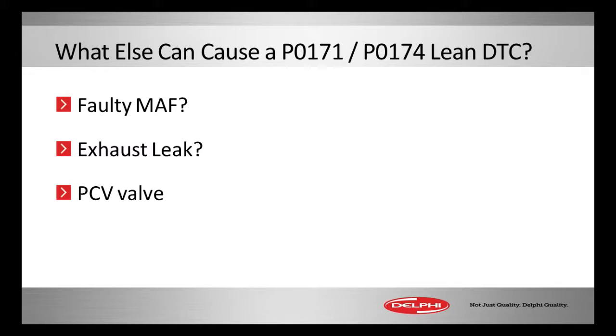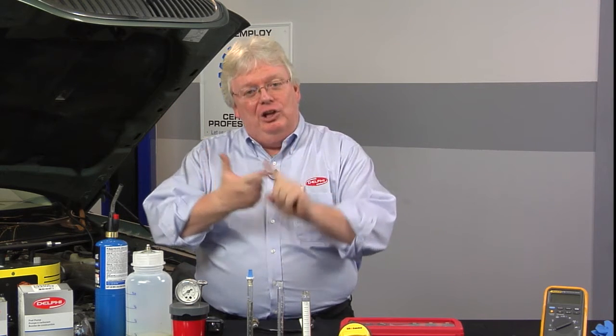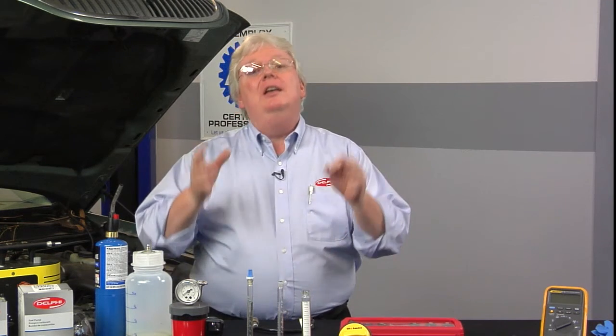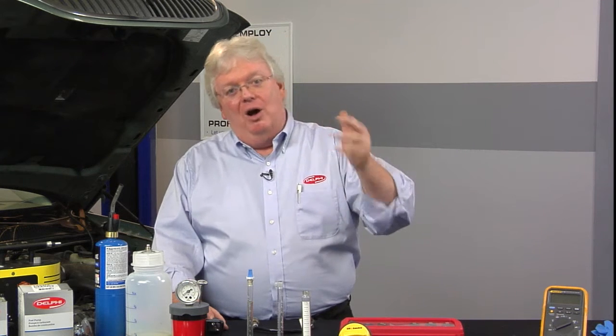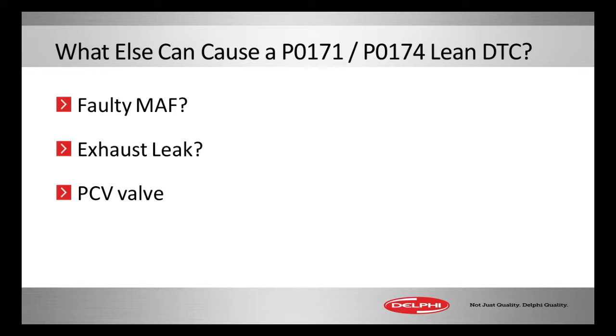Go visit the Delphi Auto Parts YouTube channel, where we're on right now, and look up the mass airflow program. There's also a great program on the alcohol testing, which can affect your fuel trim numbers drastically. So check out how to test mass airflow sensors using the volumetric efficiency test. We have that on our YouTube site. Check that out.